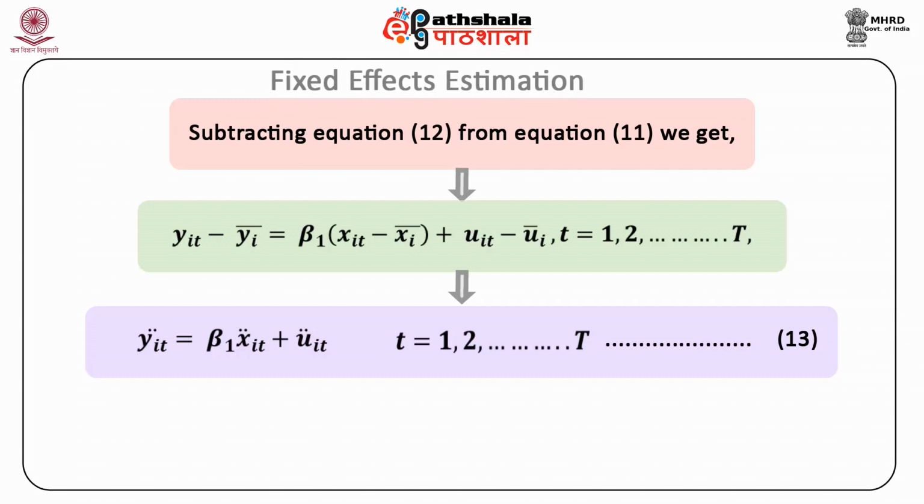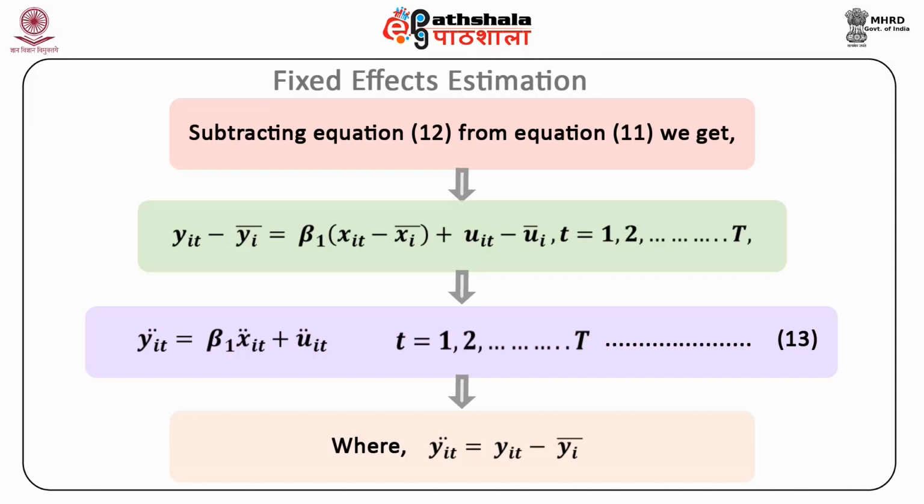Now in this equation, y double dot it = y_it minus y_i bar and is the time demeaned data on y, and similarly for x double dot it and u double dot it. The fixed effect transformation is also called the within transformation.